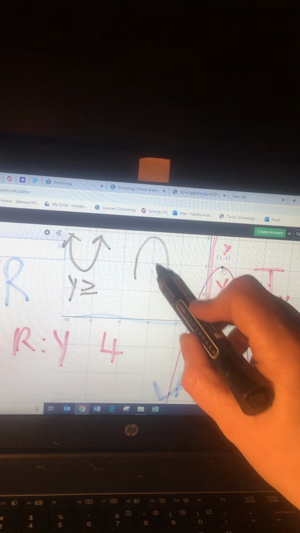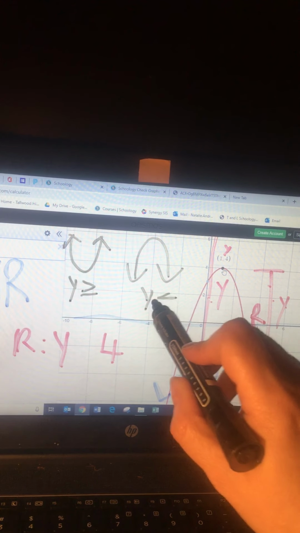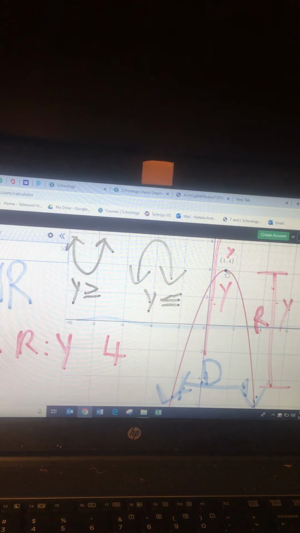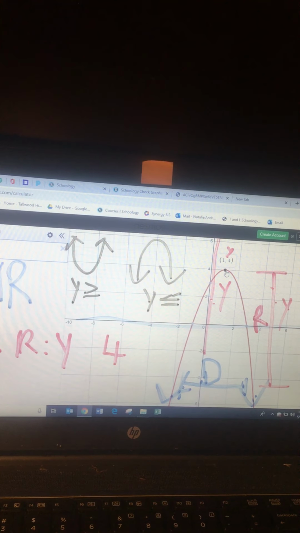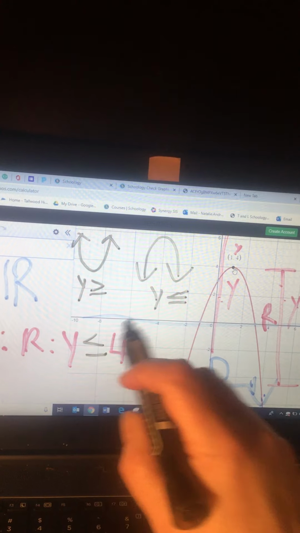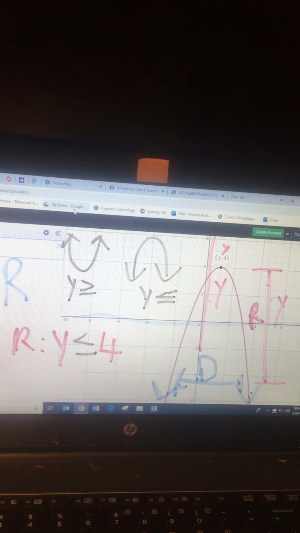Anytime the parabola goes down, y is less than or equal to. Okay, so now our parabola is going down, so we are using less than or equal to. So that's our range. So let's get back to our other page.